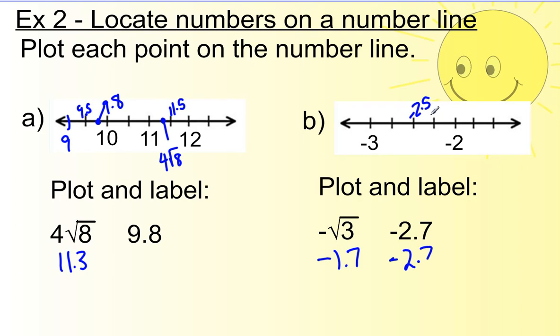So this would be negative 2.25, negative 2.5, negative 2.75. So negative 2.7 would be about here. Less than negative 2.5, but bigger than negative 2.75.